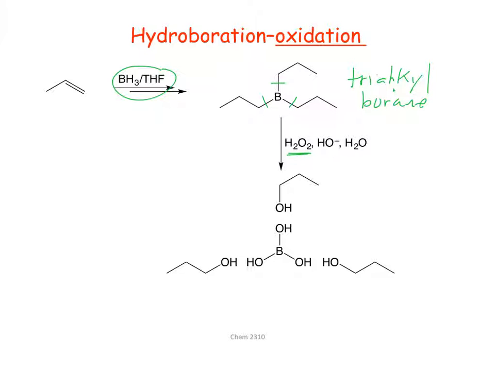We can see them right here, H2O2 right here and right here. So we consume 3 hydrogen peroxide molecules. We get this compound here, which is called boronic acid, and we get 3 alcohols.